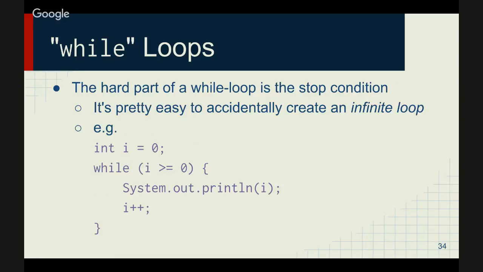So this is our slide dedicated to not accidentally creating infinite loops. Does anybody see an error on here? So we have int i is 0, while i is greater than or equal to 0, print i plus plus. Why won't we ever stop?